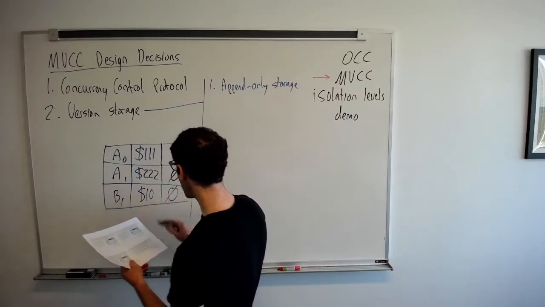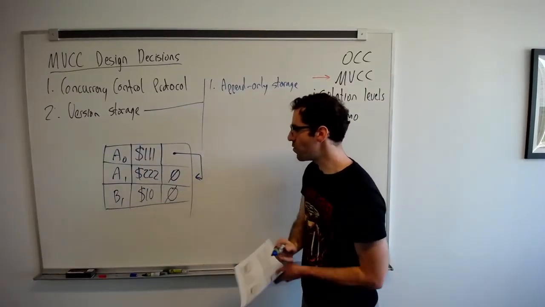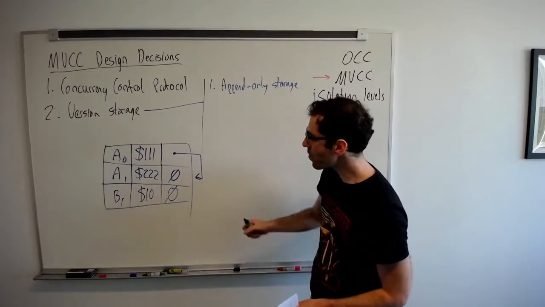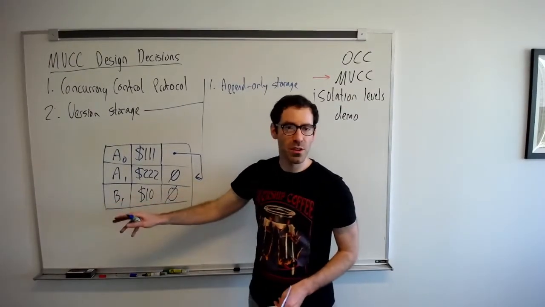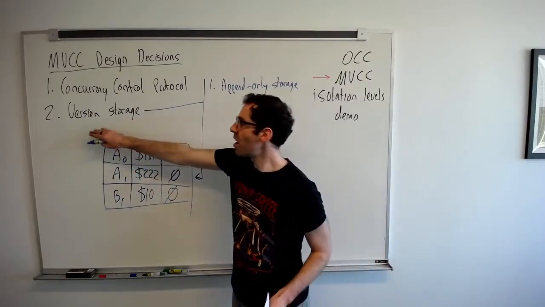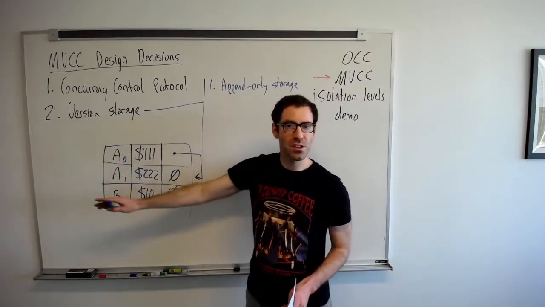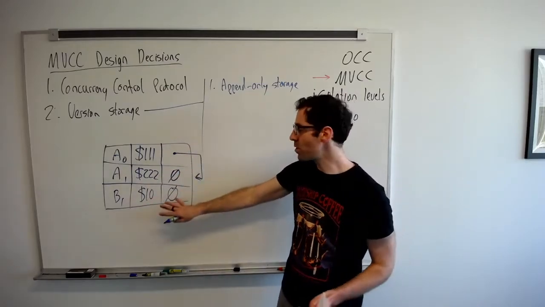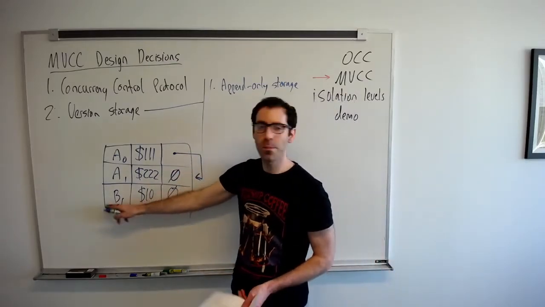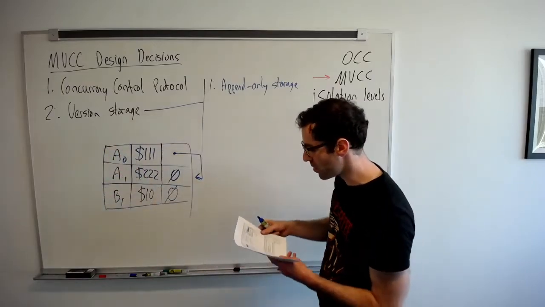It's the only version currently, so it would have null for the pointer. Notice that we don't have a B0. This is a design decision further down this list, but we're going to need some way to get rid of old versions that we don't need anymore. So in this example, we had a B0, but we've cleared it out.